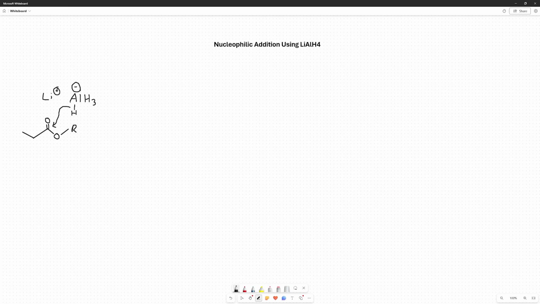Similarly, this is going to break the pi bond between the oxygen, and you're going to then be left with this intermediate, which now is going to donate to the aluminium, which is the same as we were looking at before, and that's going to be negatively charged again, with lithium here positively charged.